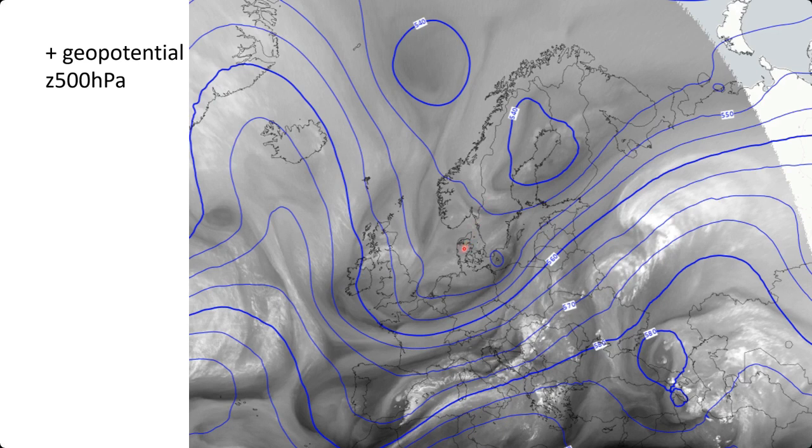And on the eastern side of the trough, we have very unstable weather with summertime convection here. And then we also have a ridge over the Atlantic and also over Russia.